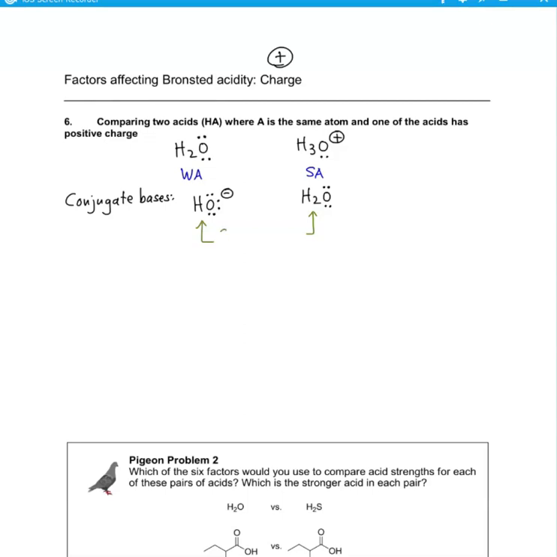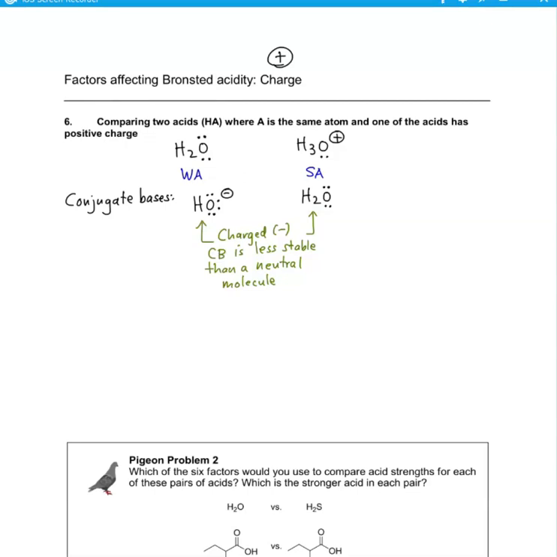So a charged conjugate base, this one has a negative charge, a charged conjugate base is less stable than a neutral molecule. So hydronium has a more stable conjugate base than does water.